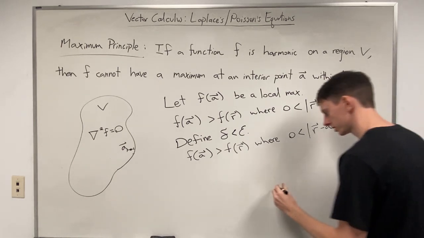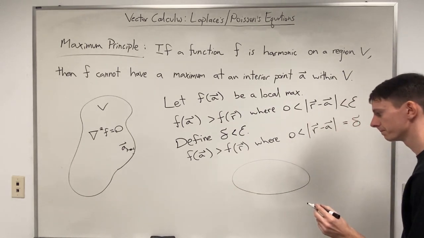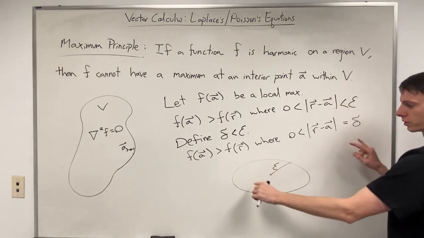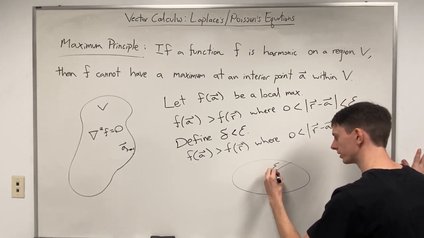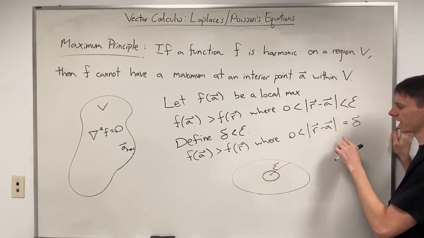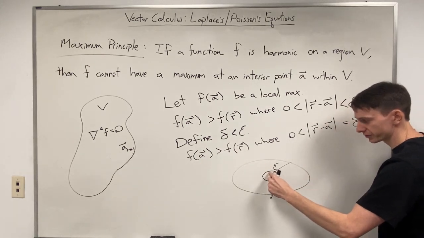Hopefully this makes sense. If I had a starting neighborhood epsilon, and this was true for all of the interior points within here, then if I drew a smaller neighborhood, I wouldn't just have to restrict this inequality to the interior points within here.